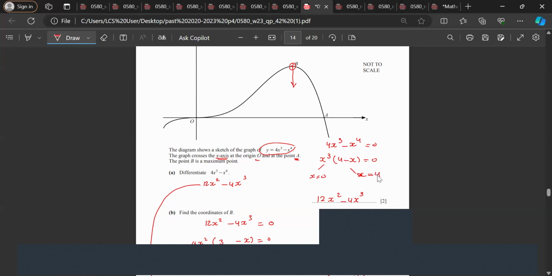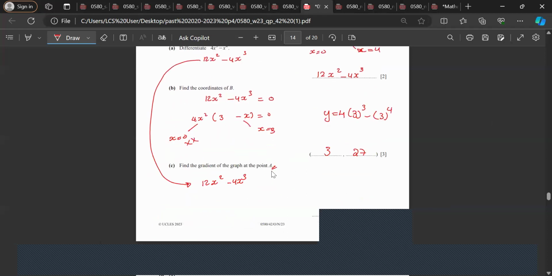So I have 2 points, (0, 0) and (4, 0). At point A, x equals 4. So substitute with 4.